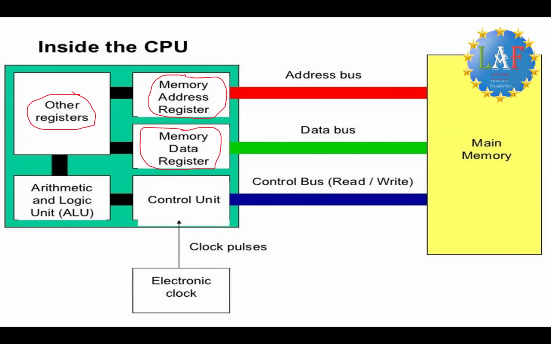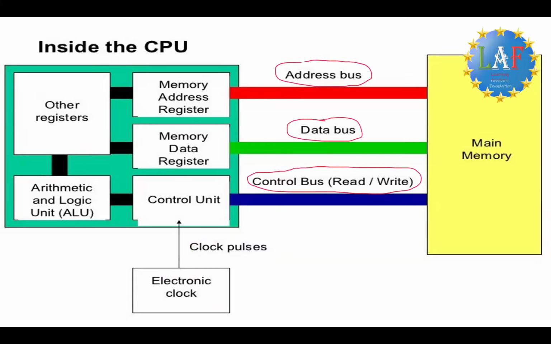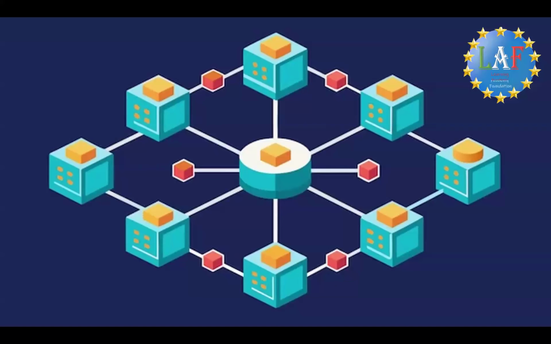Then cache, fast memory for frequently used data. Clock, an electronic clock through clock pulses, keeps everything in sync. And then buses: address bus, data bus, and control bus, read and write. They are highways for data movement. Each part plays a vital role in the dance of computation.